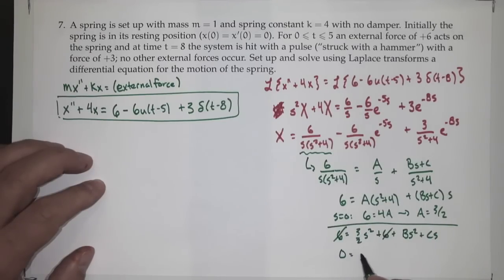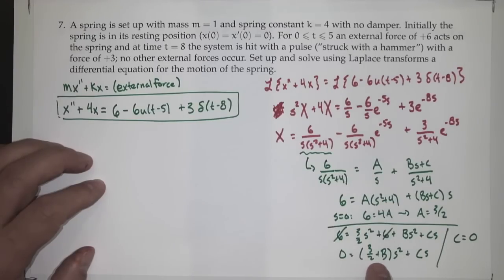So we get that 0 is equal to 3/2 plus b times s squared plus c times s. What's our conclusion? Well, what needs to be the coefficient for s if both sides match? On the left-hand side, the coefficient is 0. So that says that we need c to be 0.